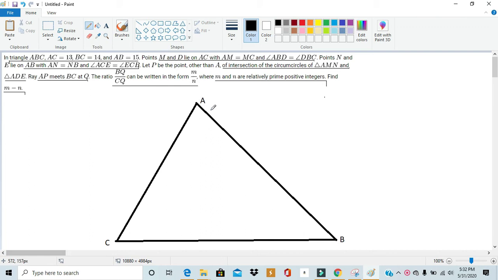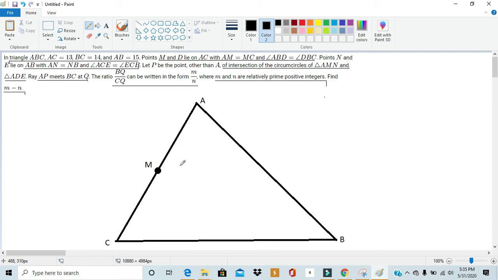So we just need to identify the midpoint and label it as M. Now that we clearly identified the midpoint of AC, we have to find point D such that angle ABD is equal to angle DBC. That means that point D is the point where the angle bisector of the opposite angle B will hit the side AC. So we can put that in.